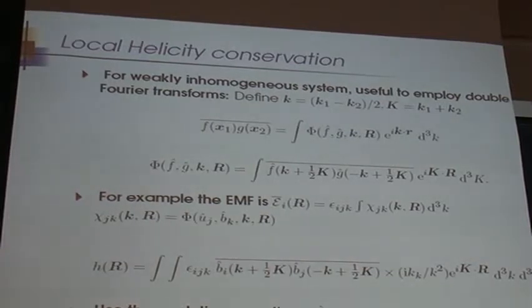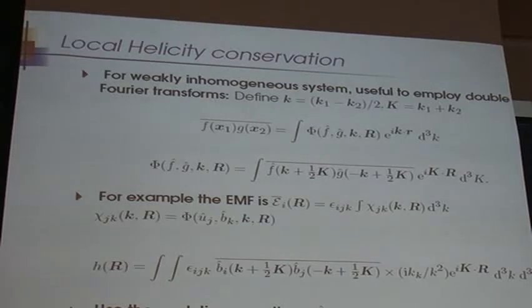And if you combine it in this way, you would be able to write it as e to the i small k dot small r plus i capital K dot capital R, where small r is what I define to be x1 minus x2, and capital R is the mean position, x1 plus x2 by 2.